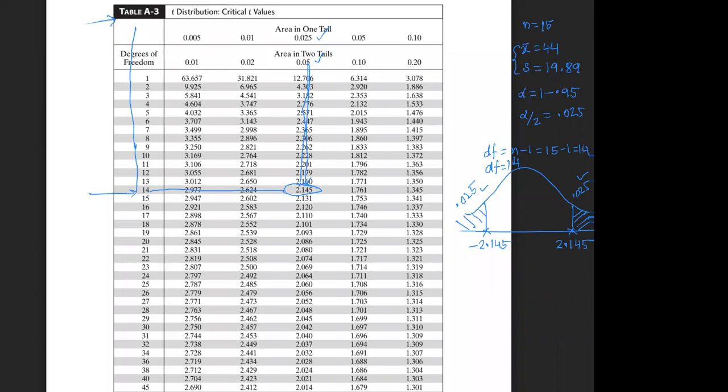I kind of missed a bit of the beginning, and I missed the part where you found the X bar and the sample standard deviation. That value you have to calculate, either using Google or the commands that I'll be sending you. Okay. So that's how you found 44 and 19.89. Okay. Right.